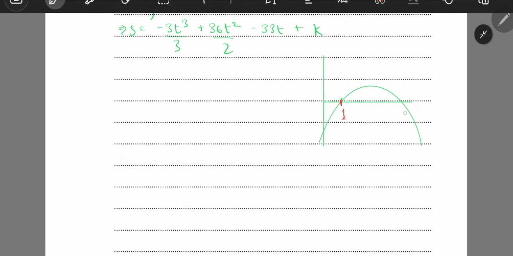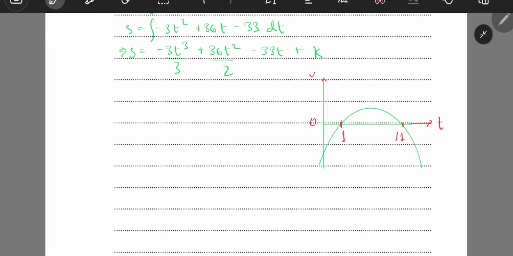So the values of t are 1 and 11, this is v, this is t, and this is 0. So we can see that there are a few distances that we need to find.